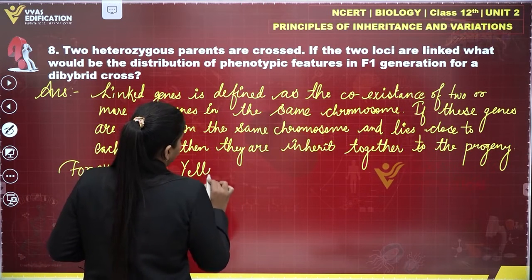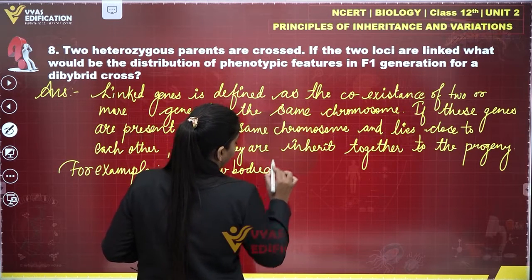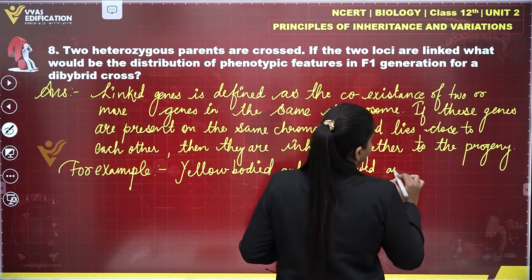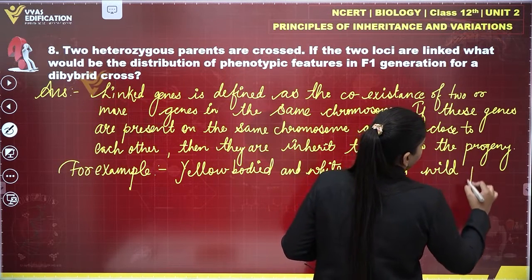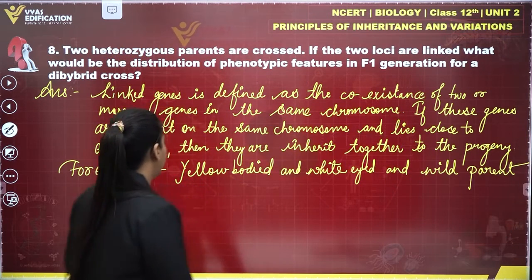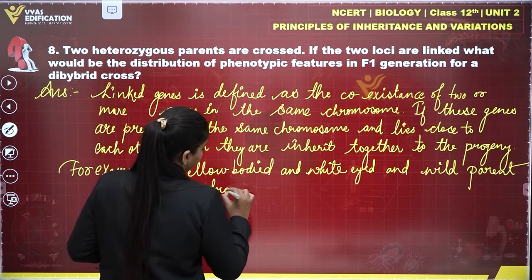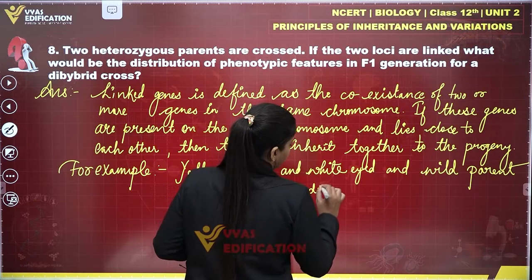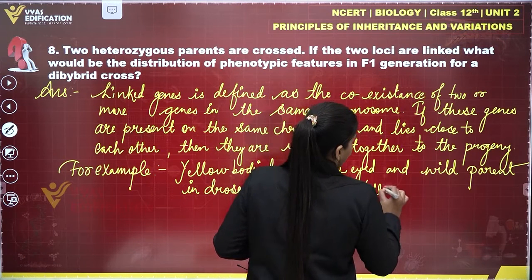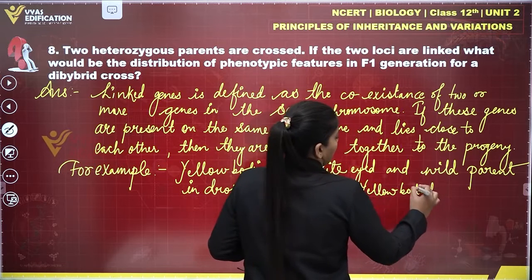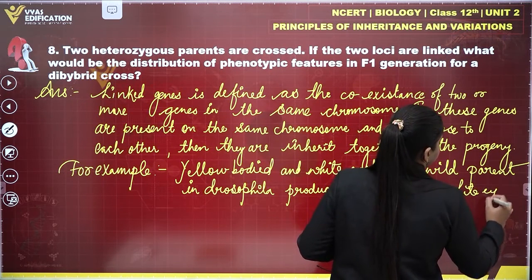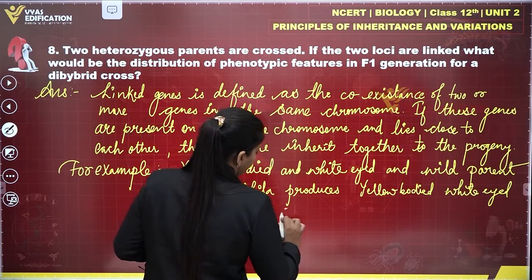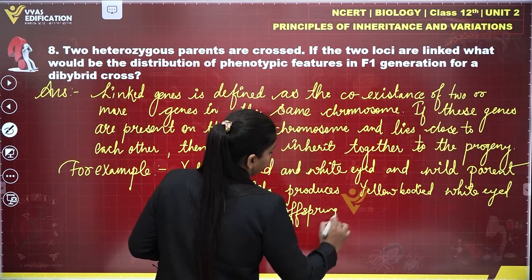So a yellow-bodied and white-eyed and wild-type parent in Drosophila produces yellow-bodied, white-eyed and wild-type offsprings.